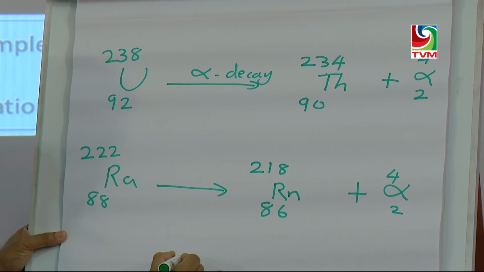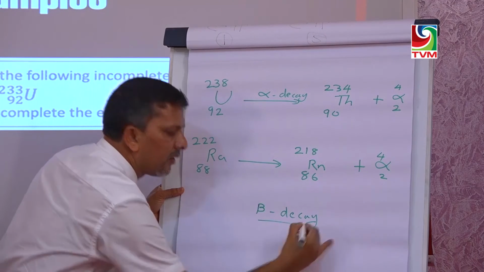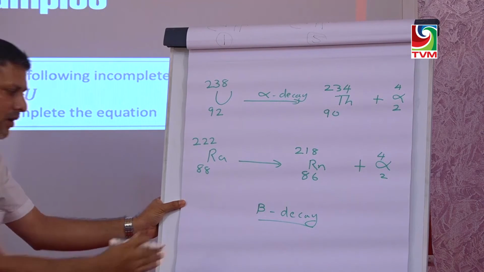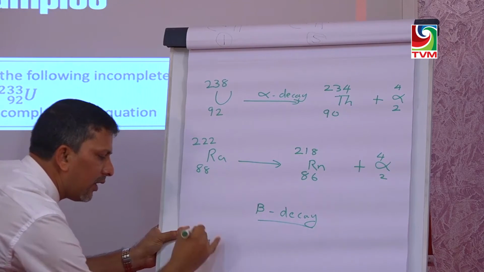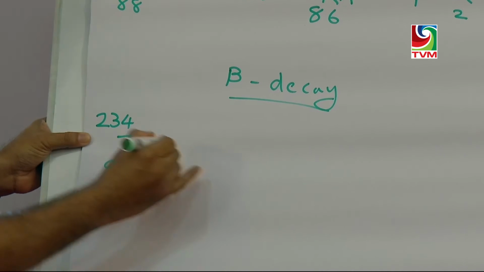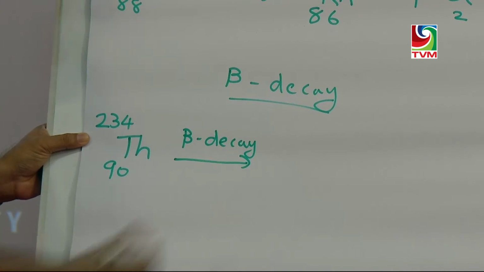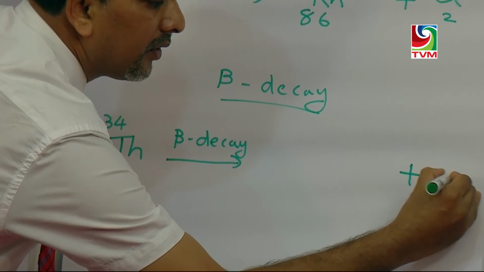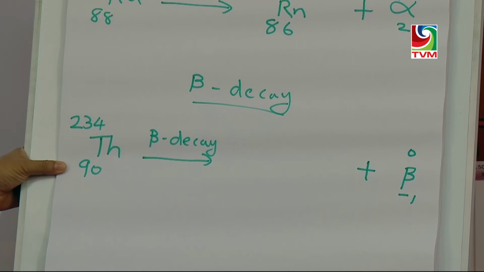Then in the case of beta decay, two examples I will discuss here. For example, thorium 90-234. When a beta decay occurs, beta is a fast moving electron, we know -1, 0.